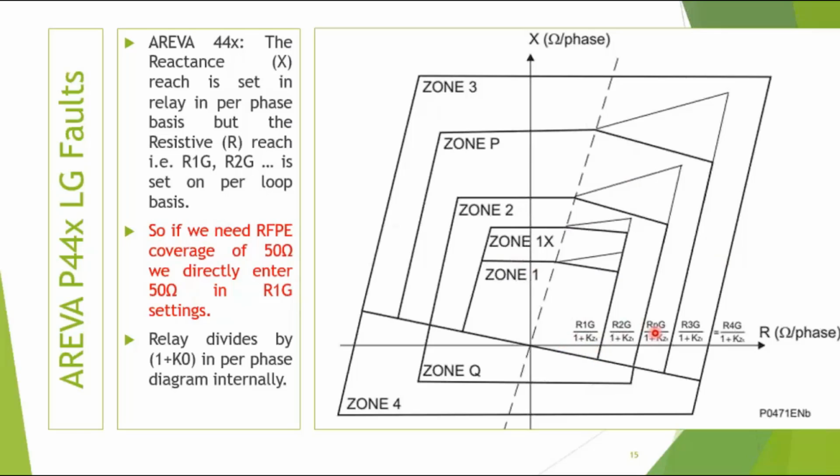You don't have to do anything outside the relay. But there are relays where you have to do this outside. The setting engineer has to incorporate this in his setting in order to get the same 50 ohm coverage.